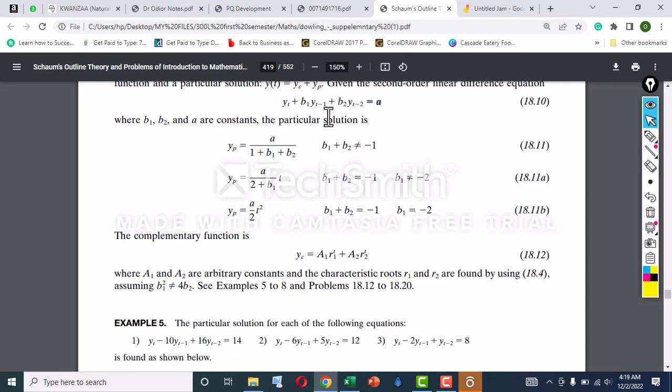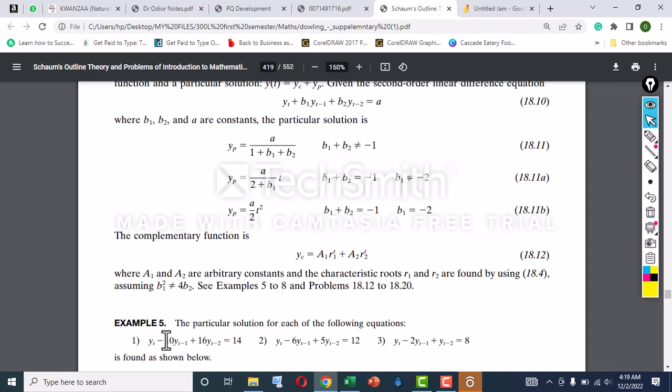Also remember, they can scatter them. Always know that the y carrying t minus 1 is the one that always has b1. The one carrying t minus 2 always has b2. And a is the one that always stands alone, with no y with it at all. That's how you know it. It is not that you say the first one is b1, no. The one with t minus 1 is b1, the one with t minus 2 is b2, and the one without yt at all is a.